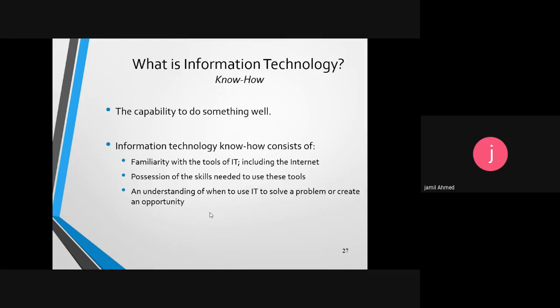So, possession of the skill needed to use these tools. Now we are here to learn these tools, and this course will enable you to learn how to use these tools in order to get some sort of acknowledgement. And understanding of when to use IT to solve problems and to create an opportunity.